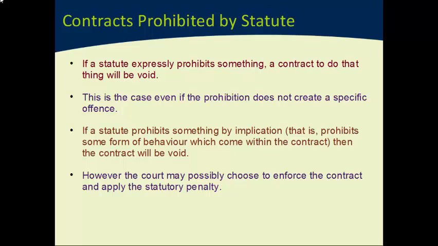Well, first up, if a statute expressly prohibits something, even without creating a criminal offence, if it says a person must not, then a contract to do that thing will be void. So you cannot make an agreement to get out of some rule that's imposed by the general law.